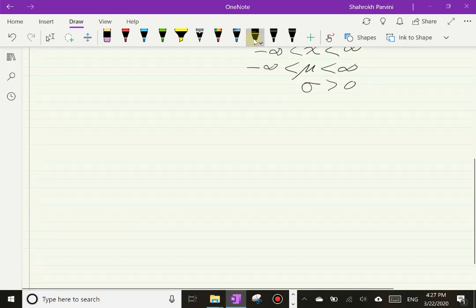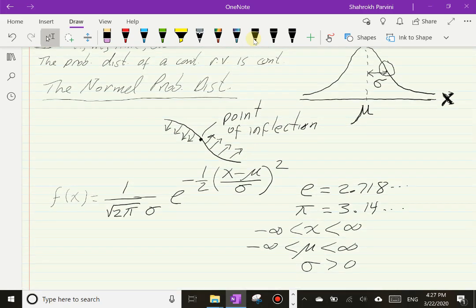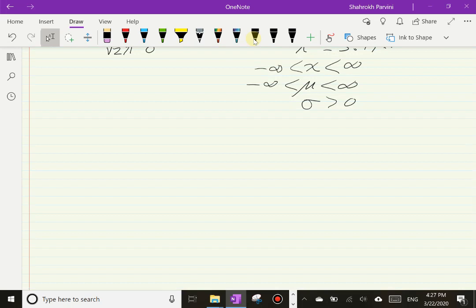Now, let's see. So this is a probability distribution. That means the area under the curve must be 1. So that just reminded me of something here. For any continuous probability distribution, the area under the curve is synonymous with probabilities.